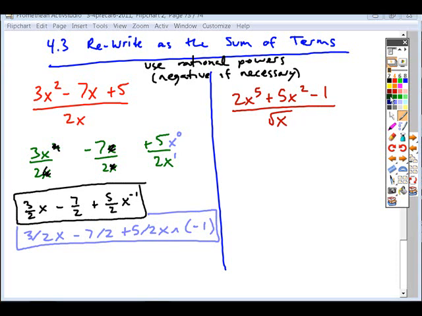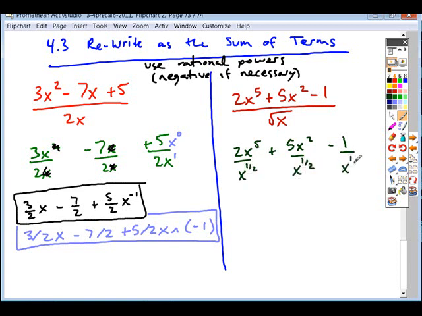All right, so as you go through this, you separate each individual term from your numerator, and each one is going to be divided by that denominator. When I write my denominator, I'm going to write it in rational power form. So the square root of x is what rational power? X to the 1/2. So I'm just going to write that in each of these.